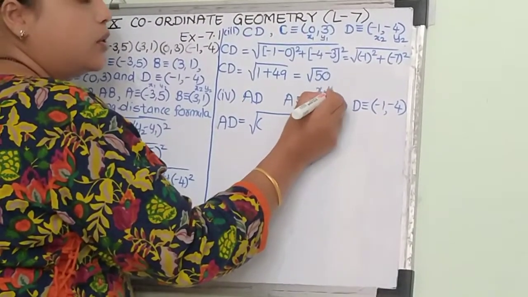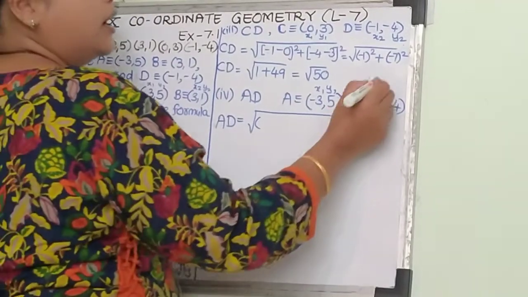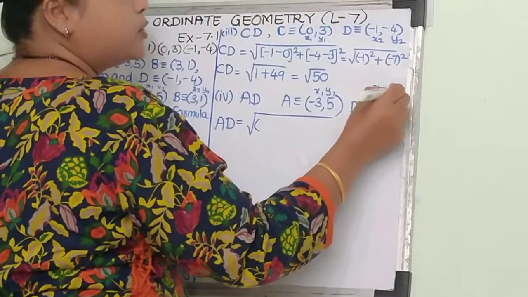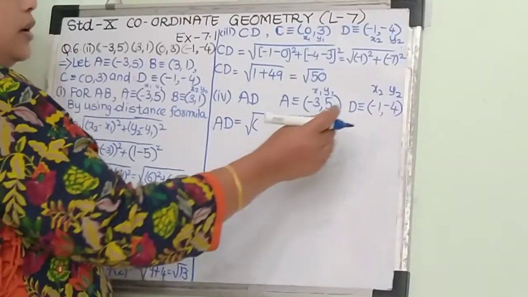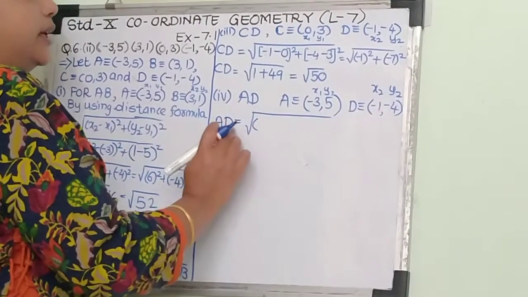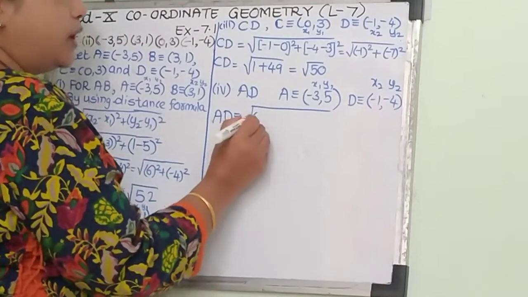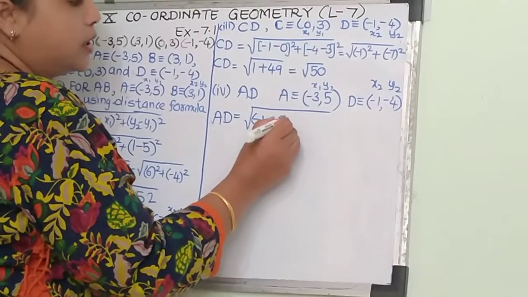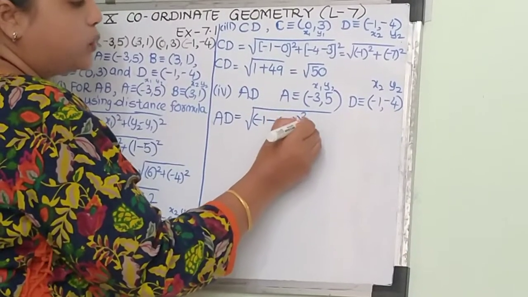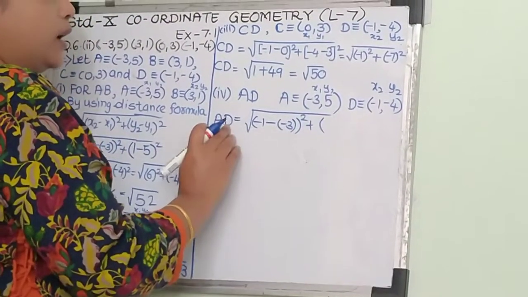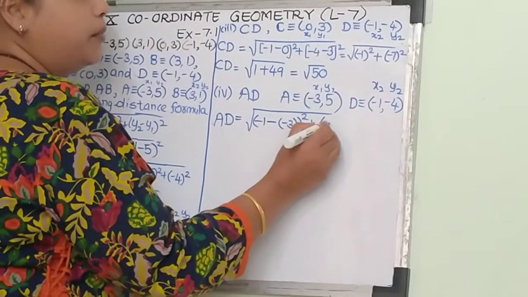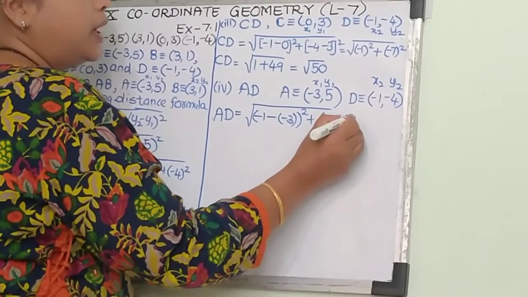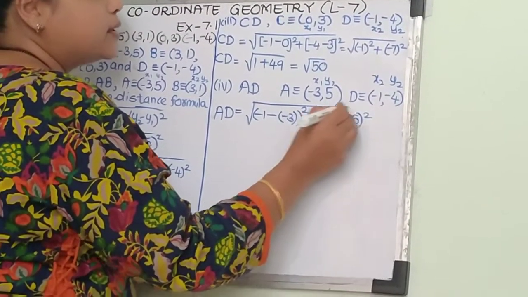Again here A's coordinate will be x1, y1 and D's coordinate will be x2, y2. So x2, that is minus 1 minus of minus 3, bracket square. D's y2 will be minus 4 minus 5, bracket square.